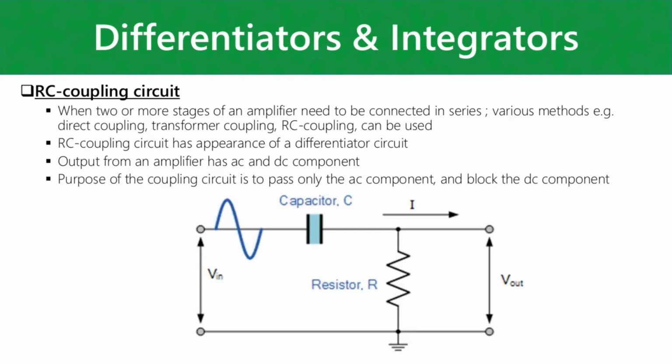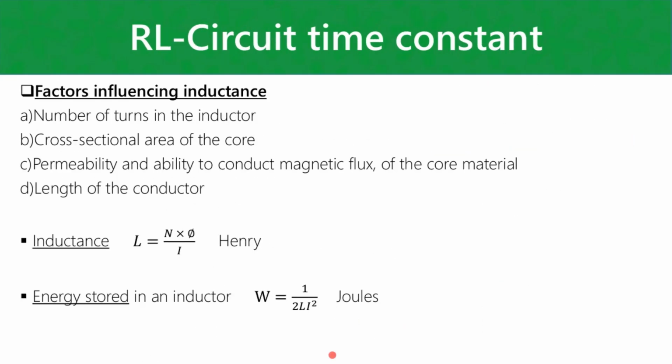Right, so for an inductor, the external factor is going to be current, and the internal factors are going to be the number of turns, the cross-sectional area of your core, the permeability of your core material, and the length of the conductor of your inductor, though that's the same as your number of turns, essentially.